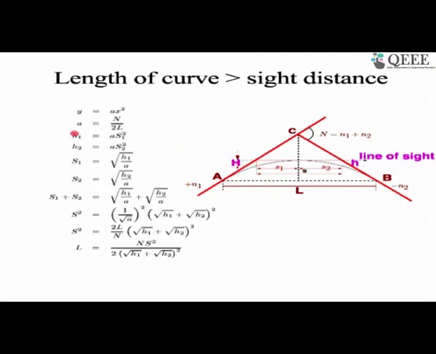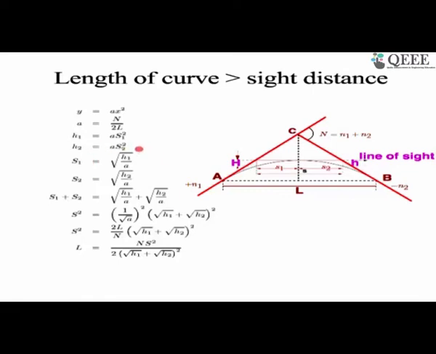Now this capital H, in this equation, is referred to as h1. So h1 is nothing but a s1 squared. s1 is up to this point, coming from this basic equation, and h2, which is small h on this side, is nothing but a times s2 squared. So s2 is from here to here.